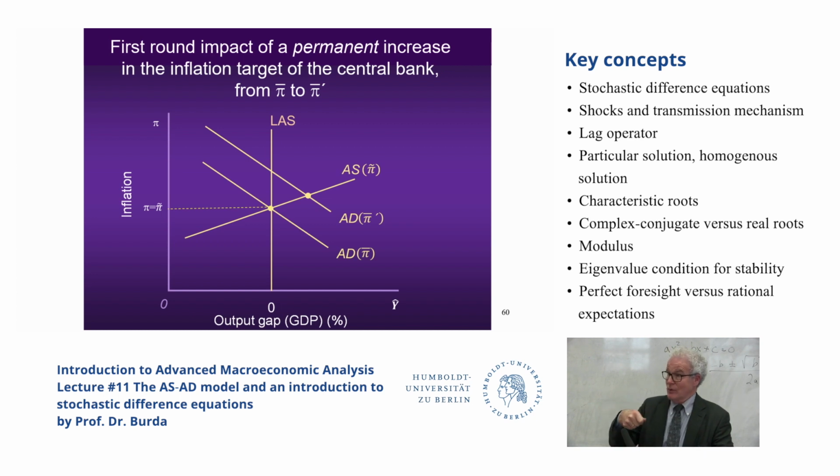This means that the central bank reduces nominal interest rates and stimulates the heck out of the economy. We've seen this happen in the past in various places in the world. I'm not going to comment on it. What do you see? You see an increase in output, so you see a boom, and you see an increase in inflation depending on the slope of the aggregate supply curve. Now, is that a resting point for this system? Who are the losers after this happens?